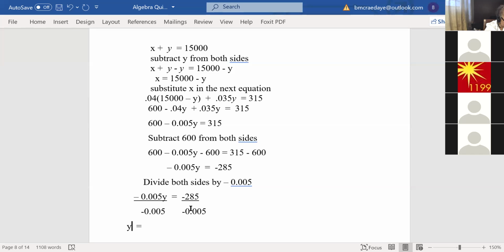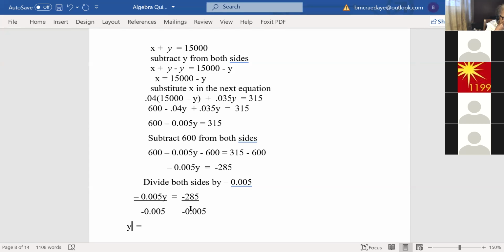Okay, it's negative. That's negative, right? Yeah, that's negative. So what is that equal to? Negative 114,000.